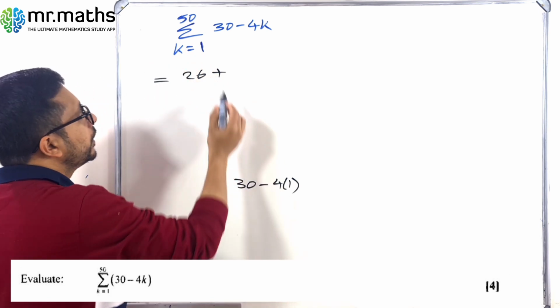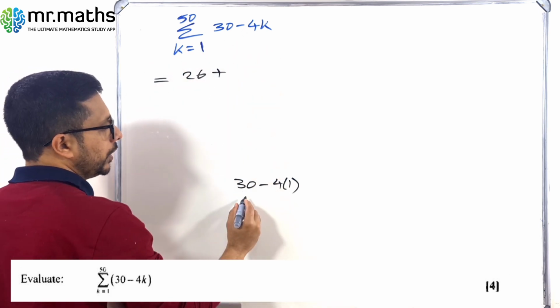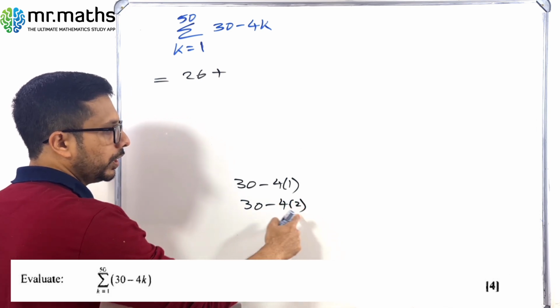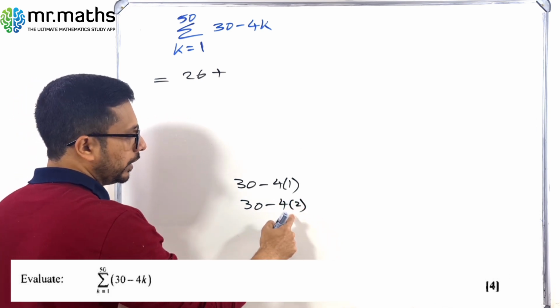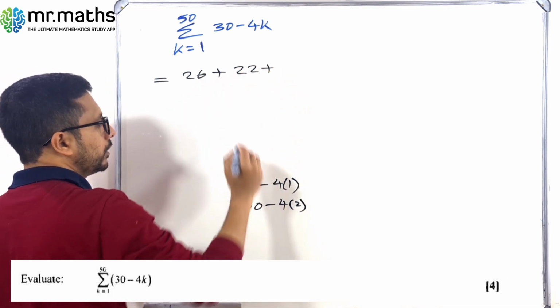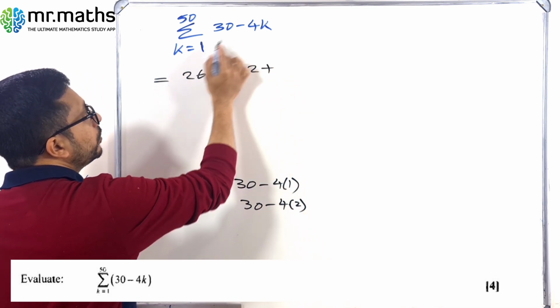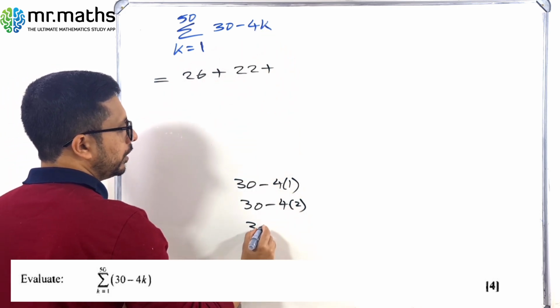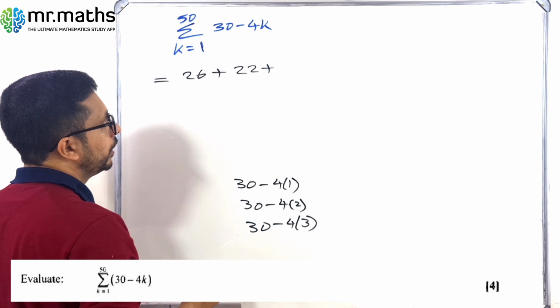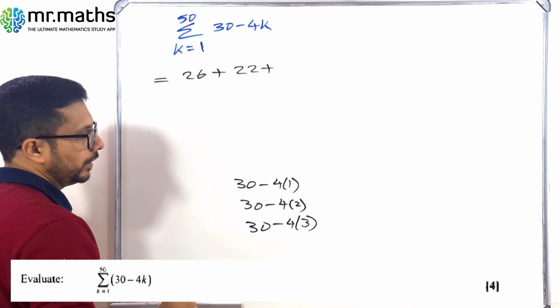Then next k is 2. That means 30 minus 4 into 2. 4 into 2 is 8. So 30 minus 8 is 22, plus next one, k is equal to 3. So 30 minus 4 into 3. What is that one? It is 18. Am I right?